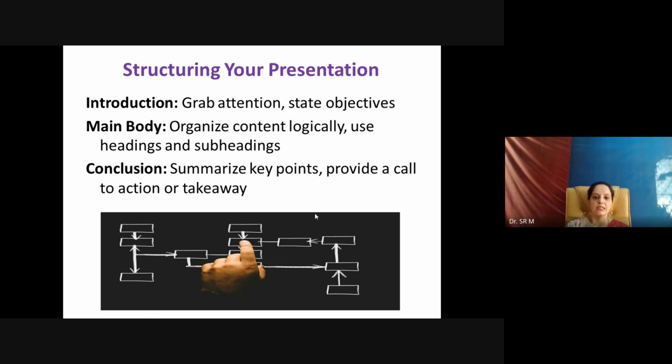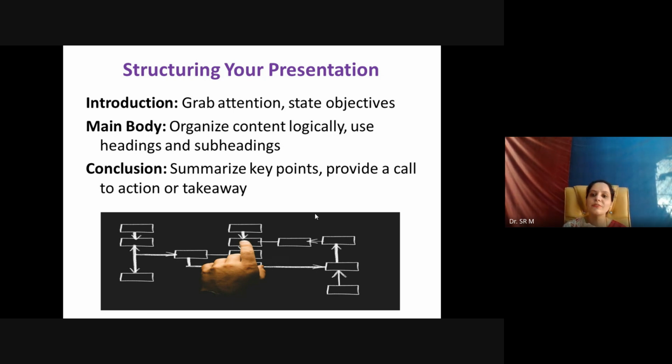Okay. Then, how to craft a compelling conclusion. Summarizing the key points. In the conclusion of your presentation, try to recapitulate or sum up all the key points and insights that you covered throughout your discourse. Quickly recap what you said.